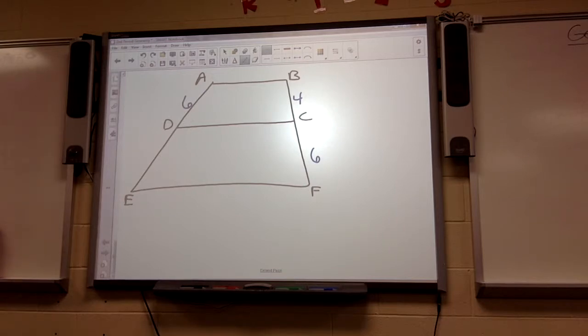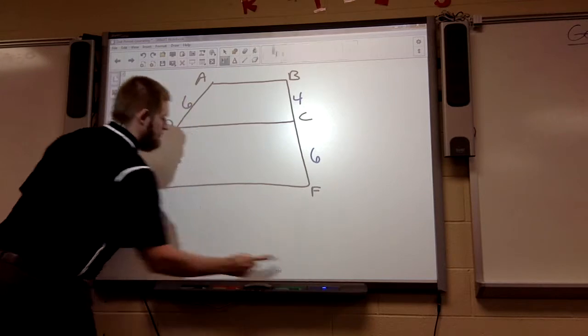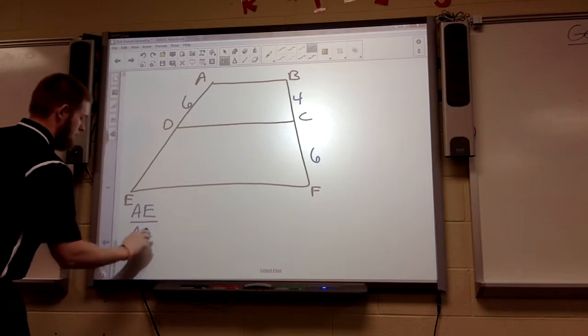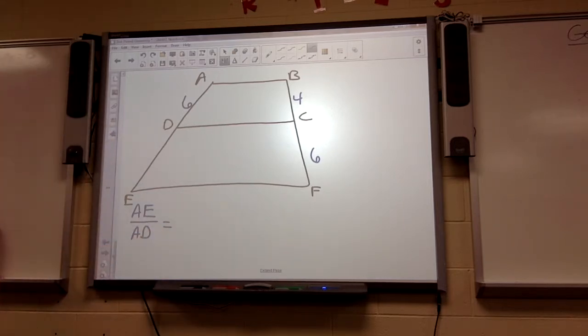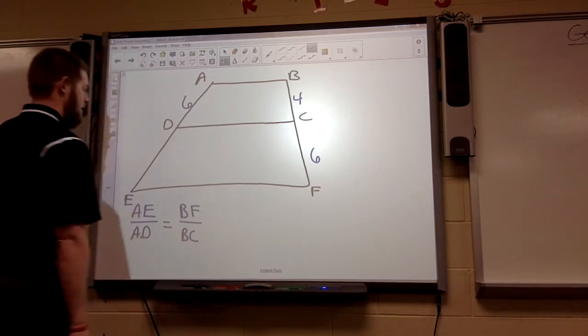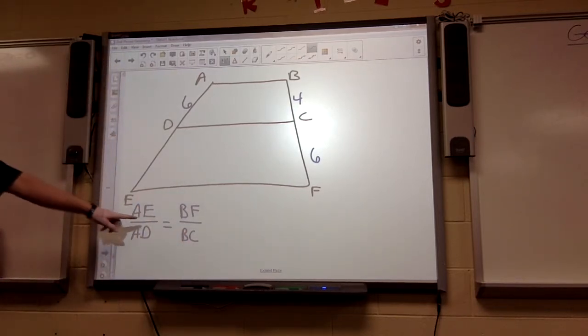And they tell me that AE to AD is equal to BF to BC. Now, does it matter what we line up, if they're giving us this? Yes, because if you use something different, you could mess up your proportion and get the wrong answer. So make sure you're only plugging in what they're giving us.